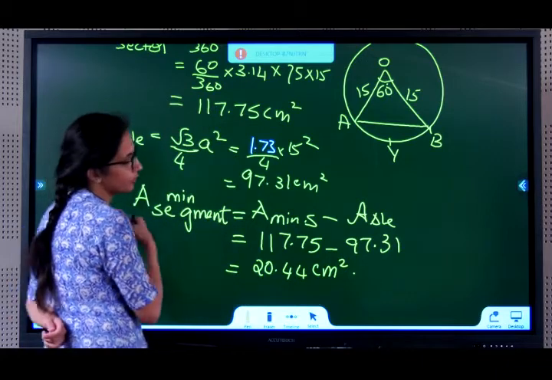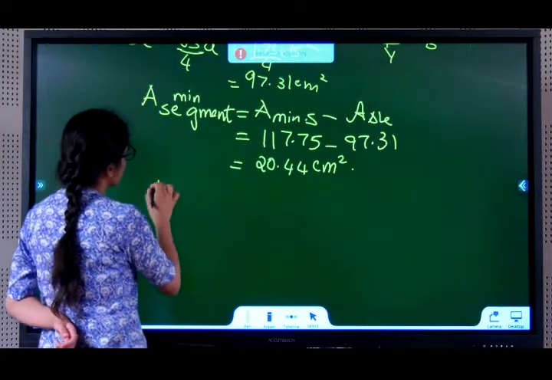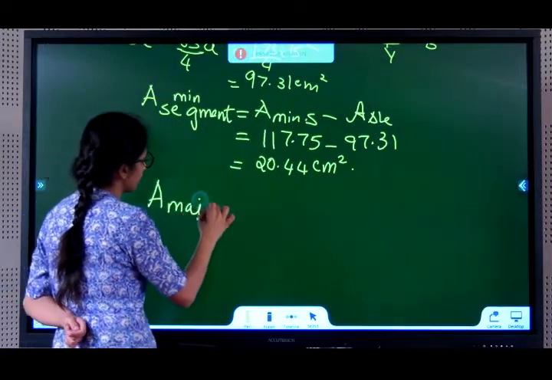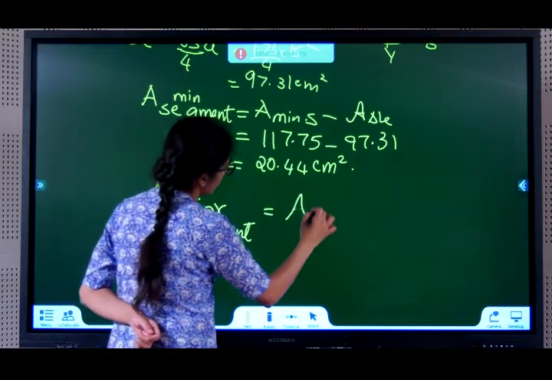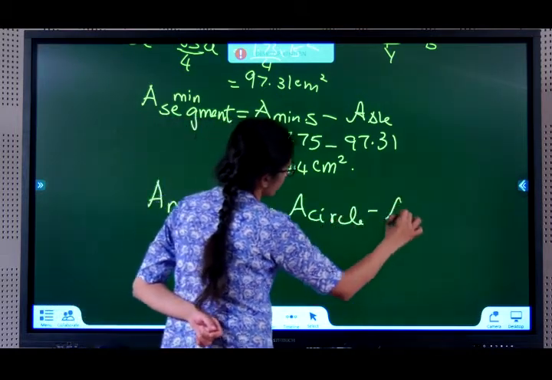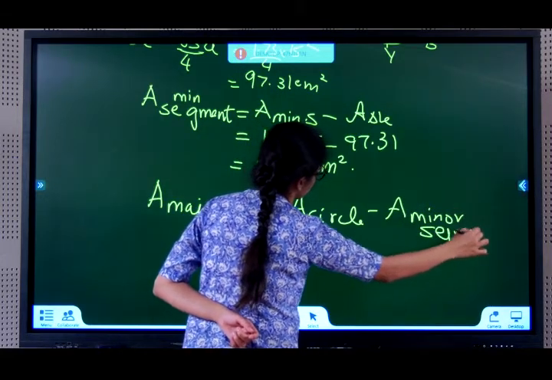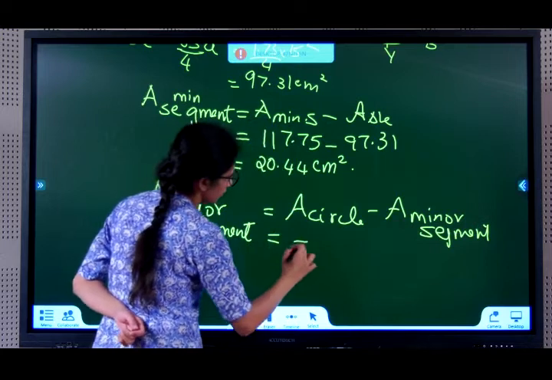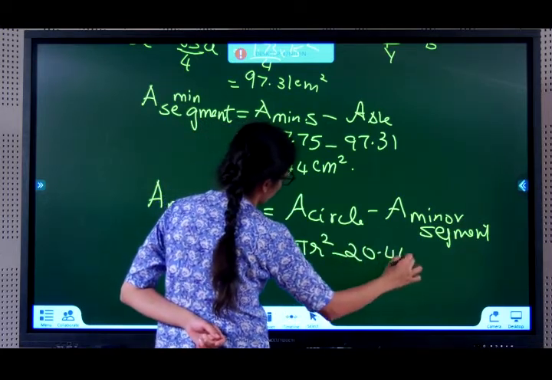Now you have to find out the area of the major segment. Area of major segment is equal to area of circle minus area of minor segment. Area of circle pi r square minus minor segment 20.44.